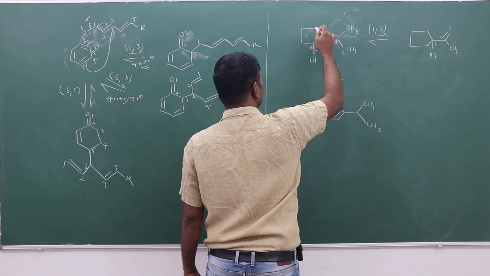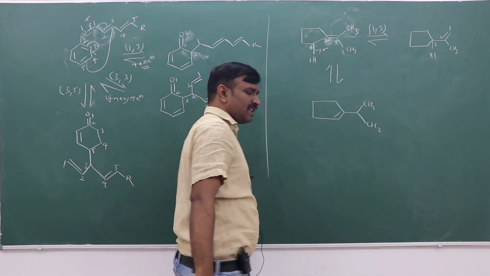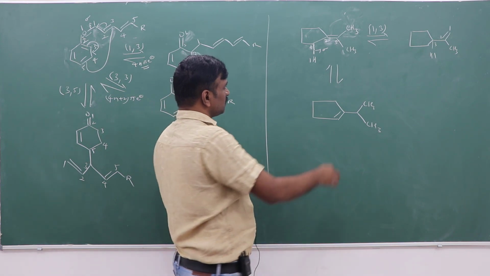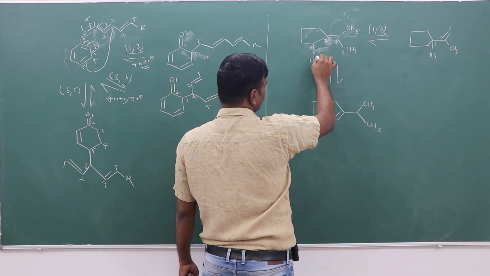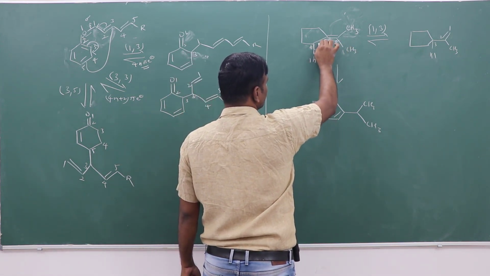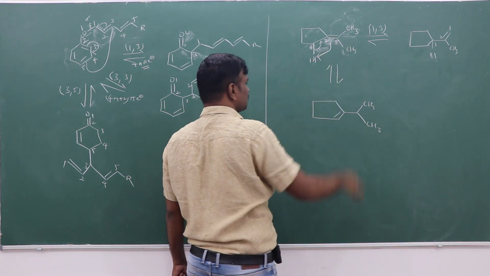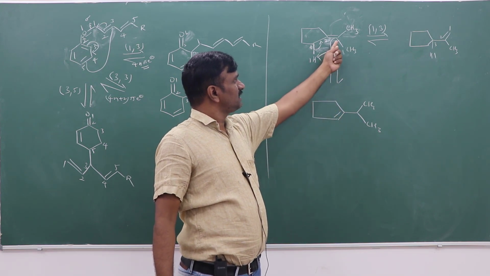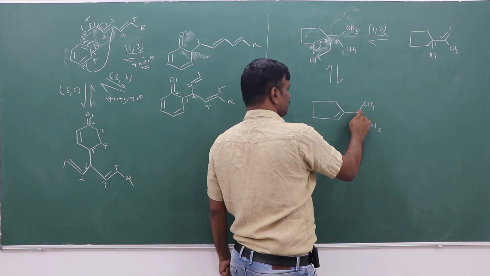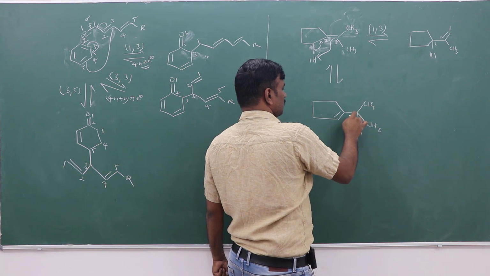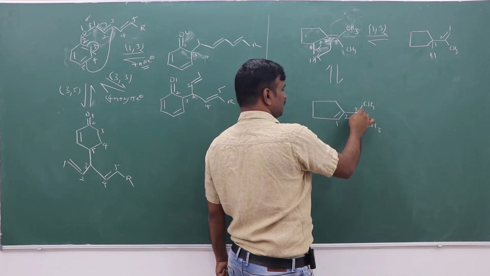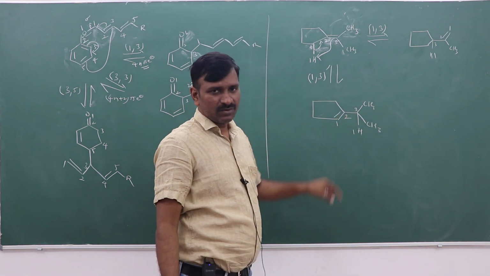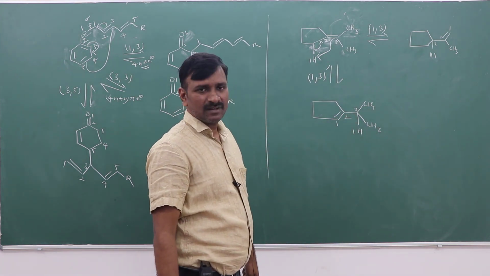Give numbering at both ends, 1,1, till the end of the unsaturation: 1,1, 2, 3. So the migrating sigma bond migrates from which position? From the 1,1 to the 1,3 position. Suppose, what will happen? Is this possible or not? You can check. A 1, 2 double bond is there, and the 3rd position has a hydrogen atom. So a 1,3 shift takes place. This one will be formed. Right.